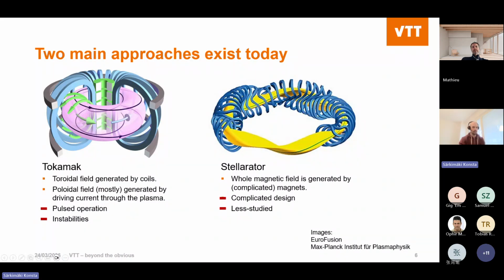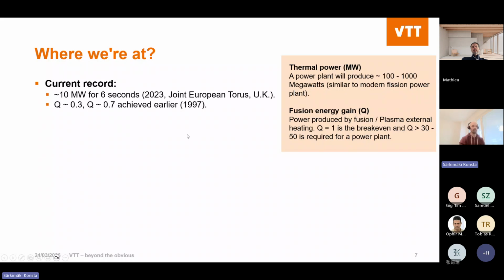So far, tokamaks have performed better historically, which means stellarators have been less studied, but this might change in the near future. For the rest of this talk, I will be focusing on tokamaks, because this is still the main route.